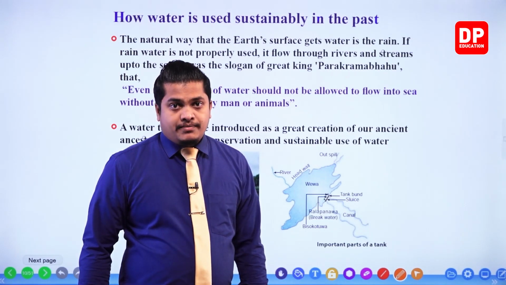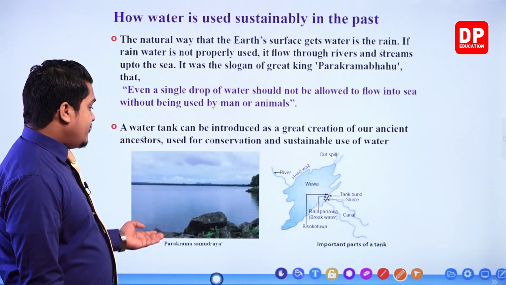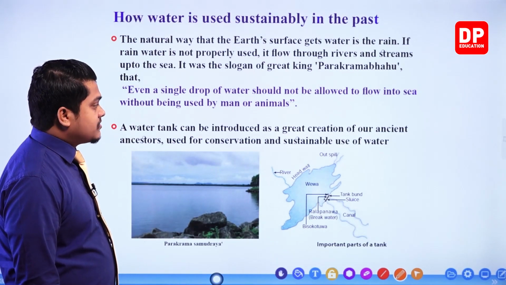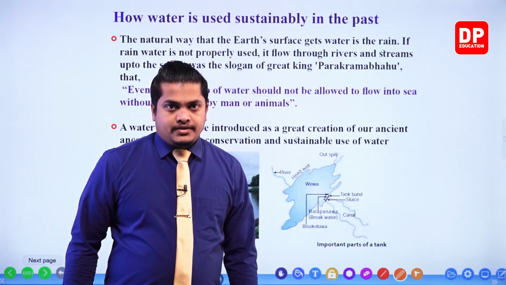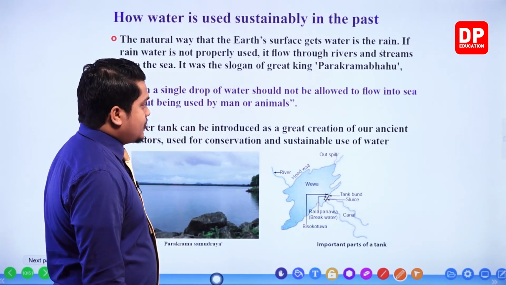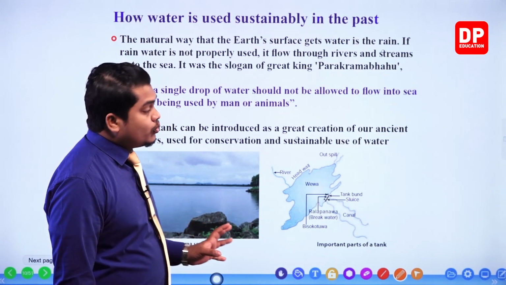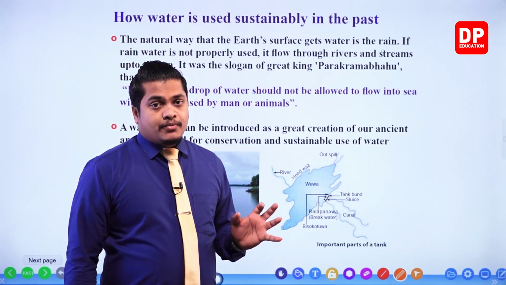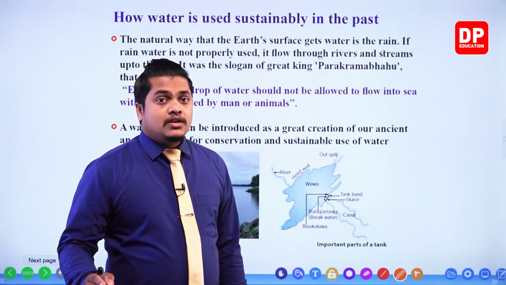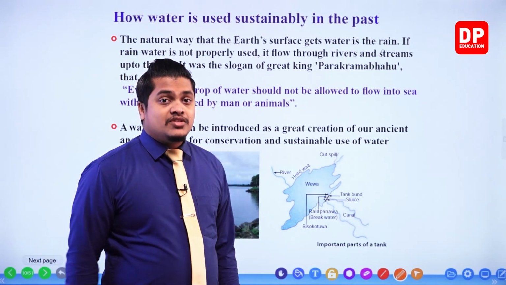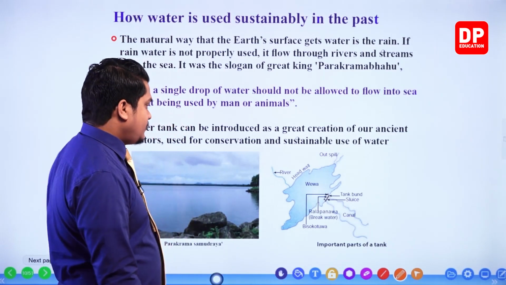As you can see here within the figure, you can observe the Parakrama Samudra, which is a main tank in our Sri Lanka. So this is one way ancient people conserved rainwater for the future generation.